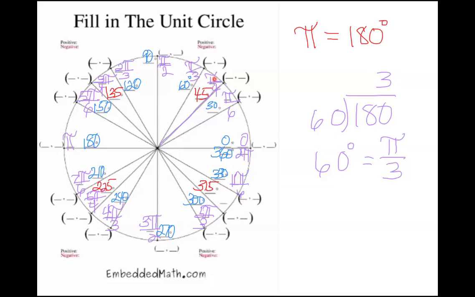So we've got pi over 4, 2 pi over 4, 3 pi over 4, 4 pi over 4, 5 pi over 4, 6 pi over 4. That would have been 7 pi over 4. So 7. I got the wrong thing there. Changed my pencil.